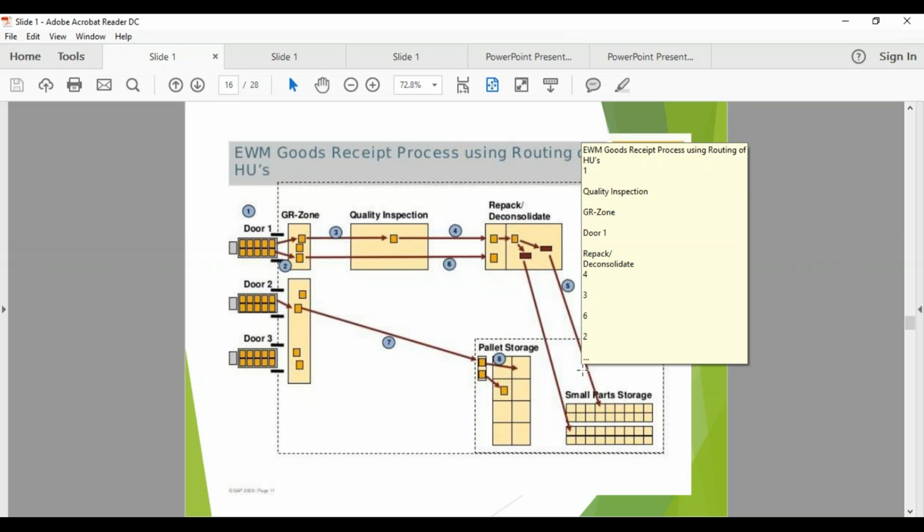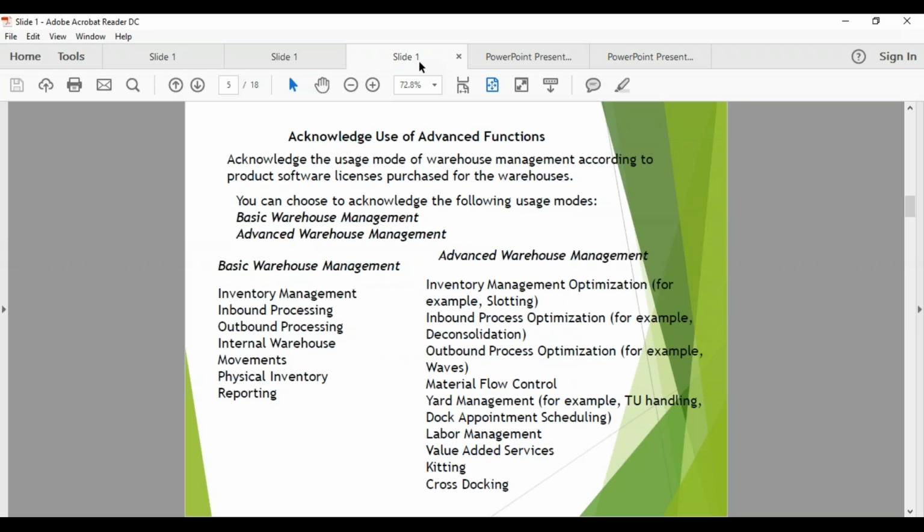Even in the same landscape, we will see that some of the warehouses will not have complex processes. For example, we have a distribution center. Its main purpose is to receive the stock from the plant and then dispatch it to the customers.